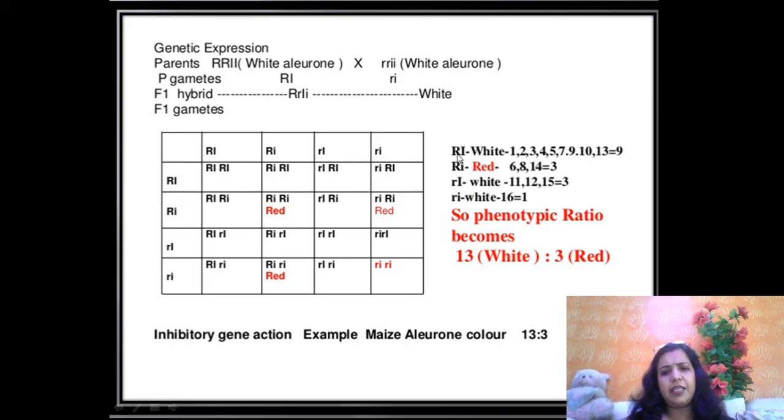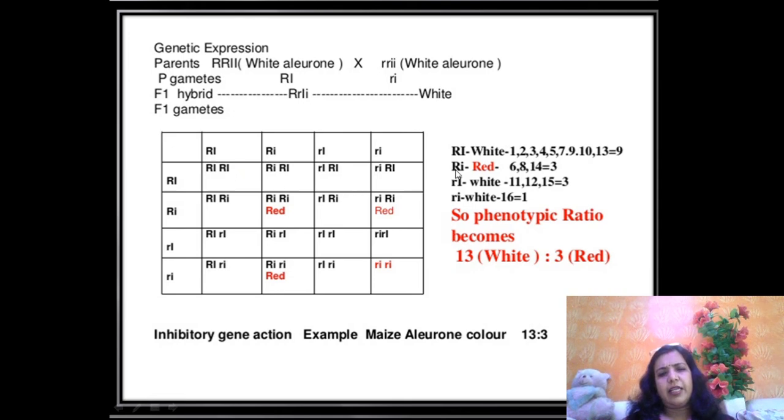It inhibits the expression of R, which is the red color producing gene. Due to the presence of I, this R is not expressing. So all these 9 embryos will be of white color.